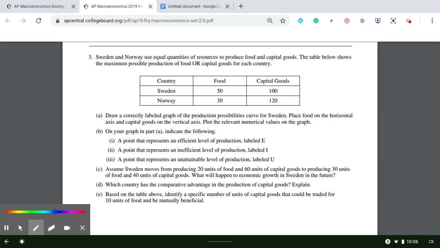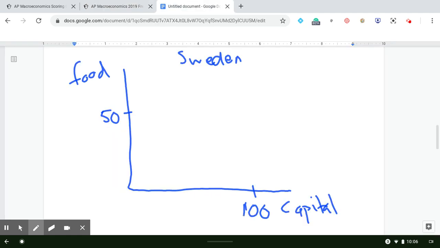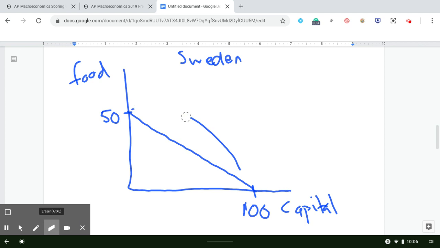I wish it had said something about constant opportunity cost, but let's just assume that it will. So if it has constant opportunity cost, we'll just have a downward sloping curve like that. If it was increasing, it would kind of curve like this, increasing opportunity cost. But for right now, let's just do constant.